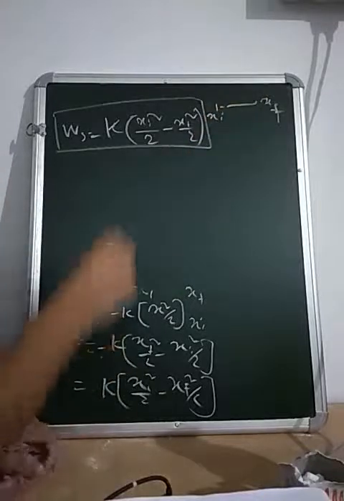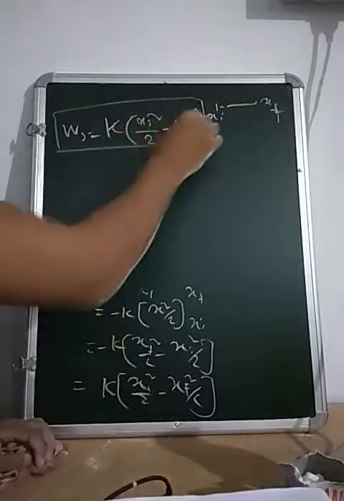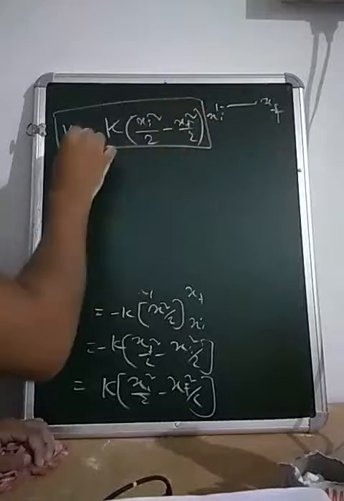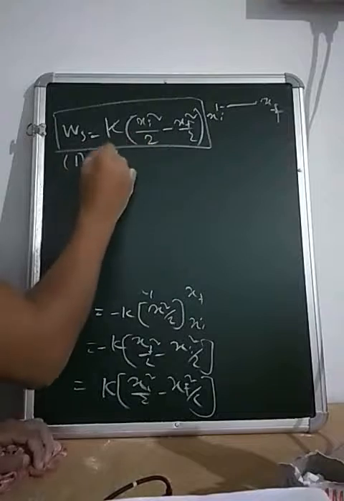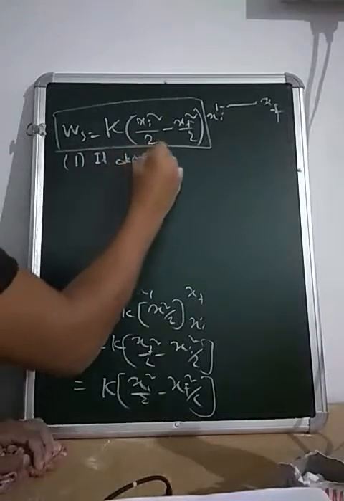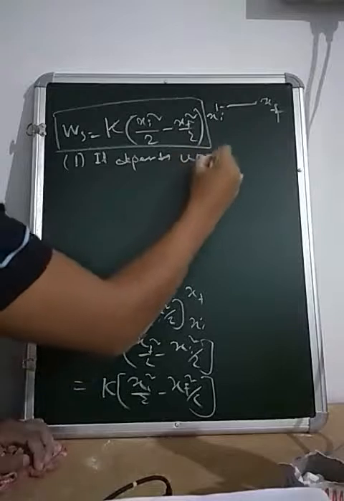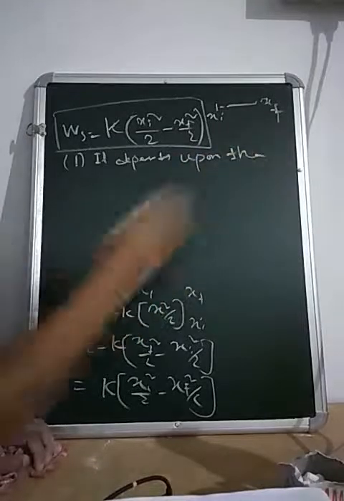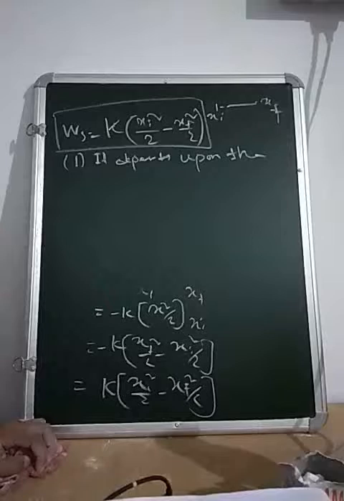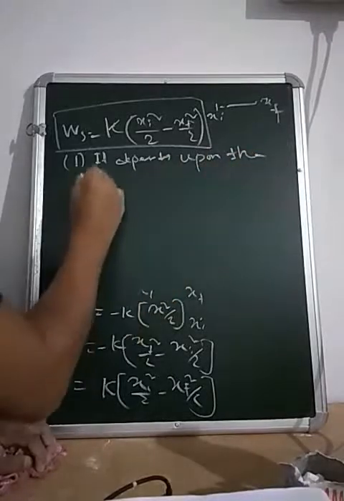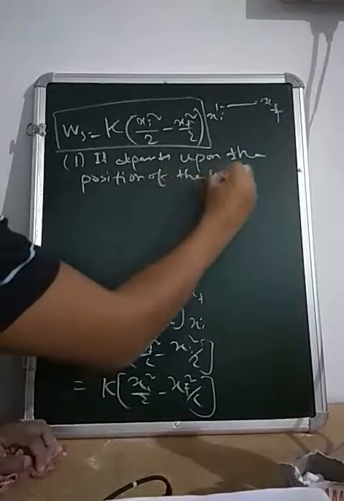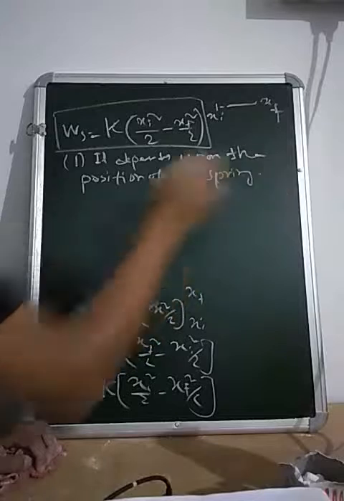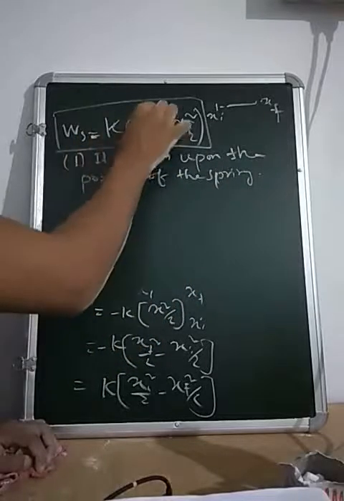See the displacement of the spring. The work done by the spring depends upon what? It depends upon the position of the spring, the initial and final position.